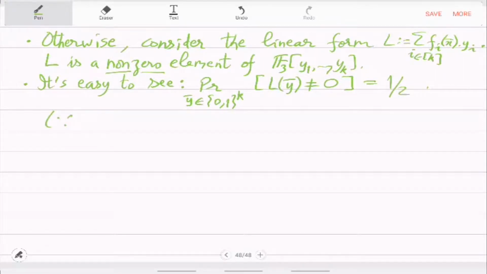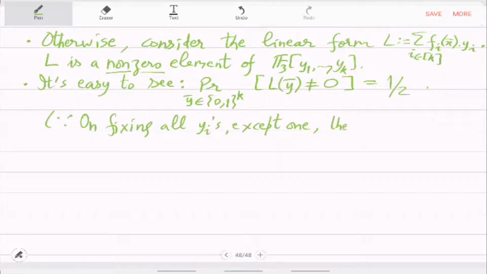Since on fixing all yi's except one, the last one gets fixed.